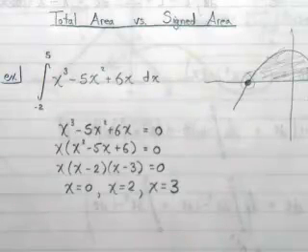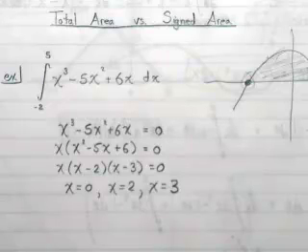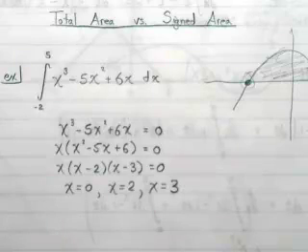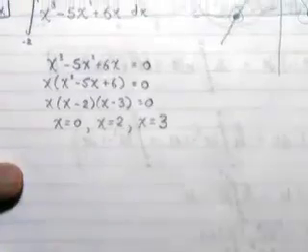Then the next chunk would be 0 to 2, then 2 to 3, and then 3 up to my upper limit of 5. These are the places you need to chunk this out, where it's going to be cut apart into positive and negative chunks. So several calculations to get this taken care of by hand.